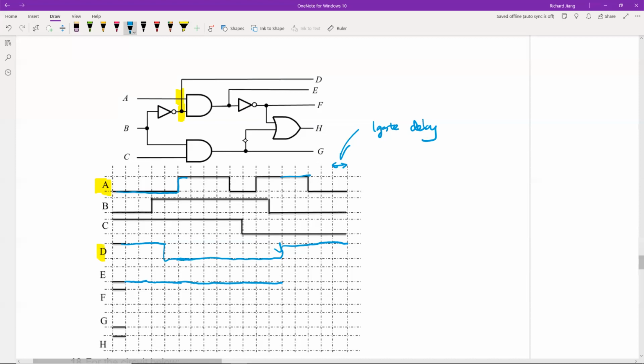A is also high over here. But remember, there's a gate delay, so you have to wait a little bit. So there's 1 gate delay. And then it remains high. Actually, it doesn't remain high forever because over here, A goes low. So there's a gate delay here, like that. And then you can see that 1 gate delay. Make sense? Yep, I got you.